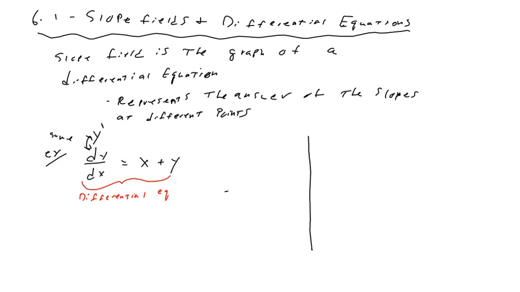We're going to write this real simple graph here: 1, 2, -1, -2 on the x axis, and 1, 2, -1, -2 on the y axis.